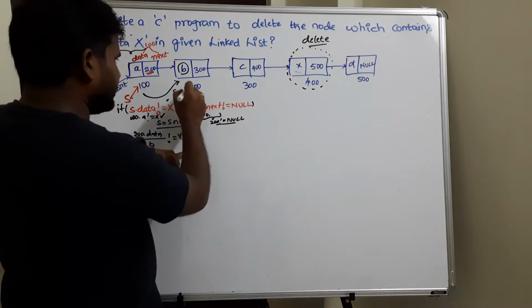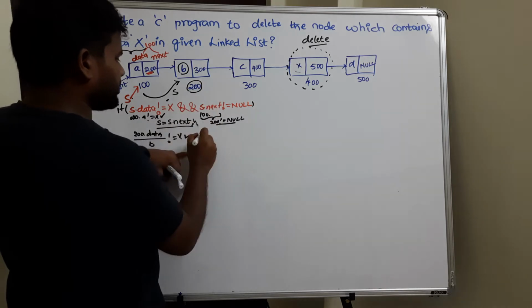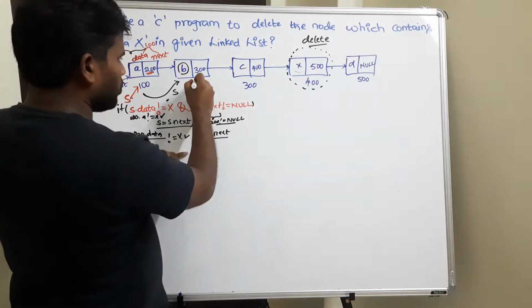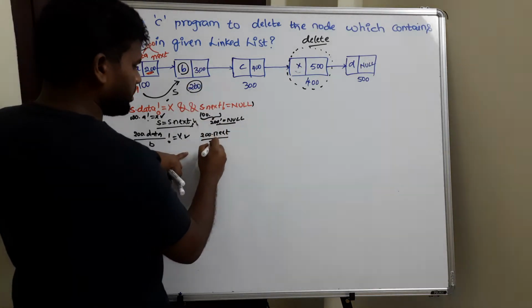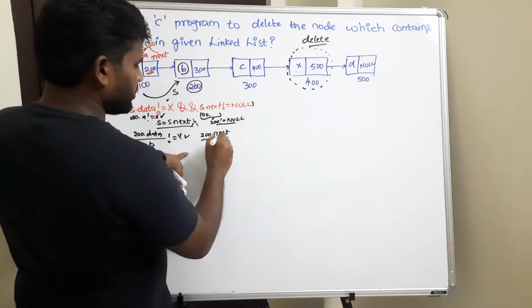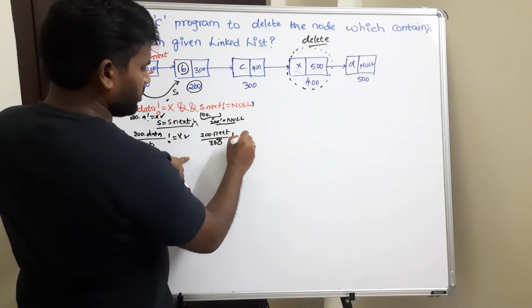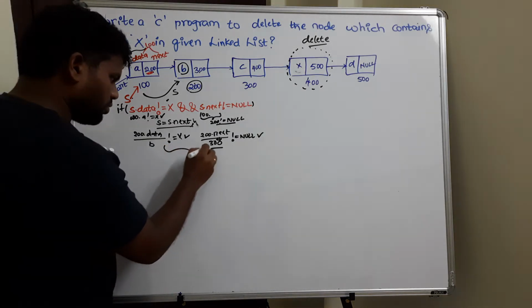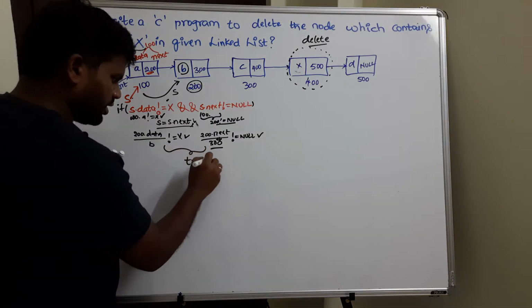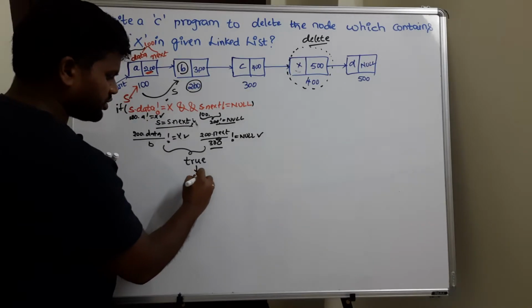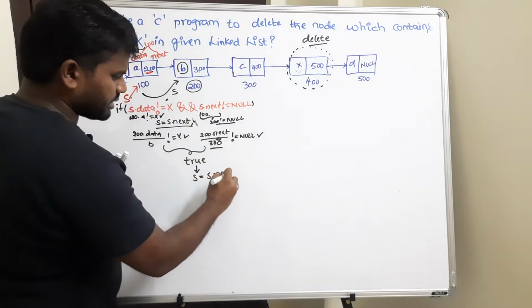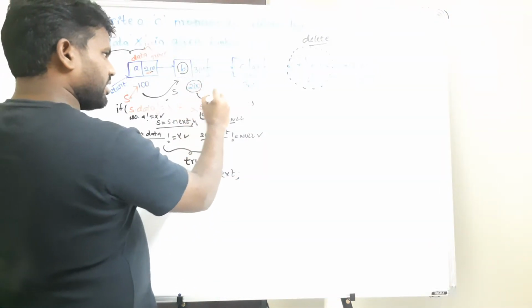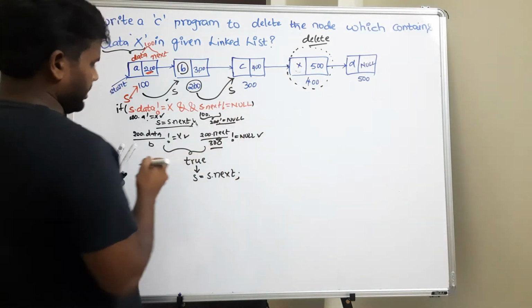Then 200 dot next gives 300, not equal to null, true. If these two are true, then we move to s is equal to s dot next.